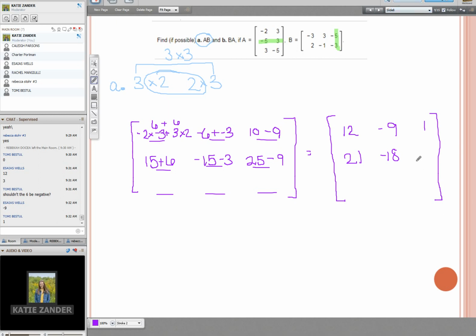All right, anybody see any mistakes in row 2? If not, I'm going to venture on to row 3. See, that's a 9 plus 5.